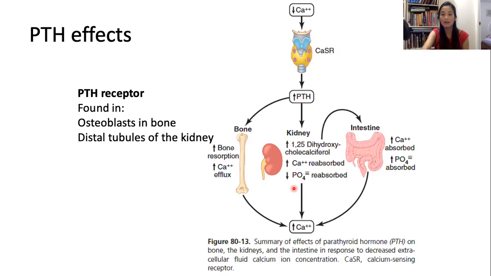That's why it's called a phosphaturic hormone. And the end result will be an increase in serum calcium and a decrease in serum phosphate levels because of this action. Likewise, your PTH receptor is found in the bones and in the distal tubules in the kidney, but not in the intestine, because its effect on the intestine is negated by your vitamin D.